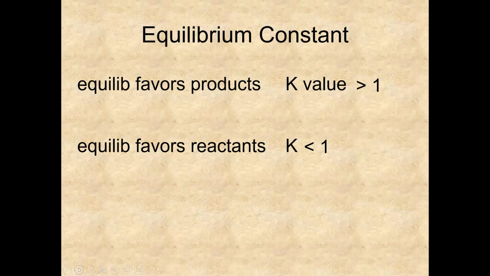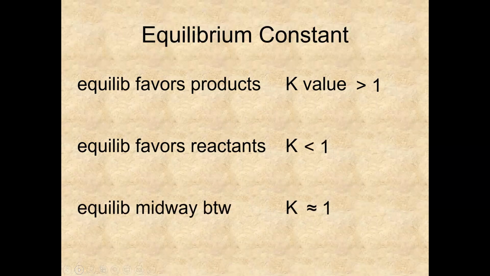Whenever K is equal to 1, that means that we are truly at that dynamic equilibrium where the reaction rates and the amounts are the same. So K is approximately equal to 1. So if it's greater than 1, it favors products. Less than 1, it favors reactants. If it is exactly 1, we should be at that dynamic equilibrium.